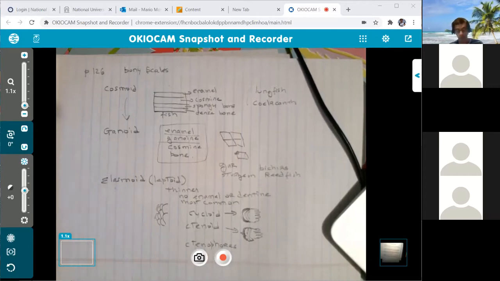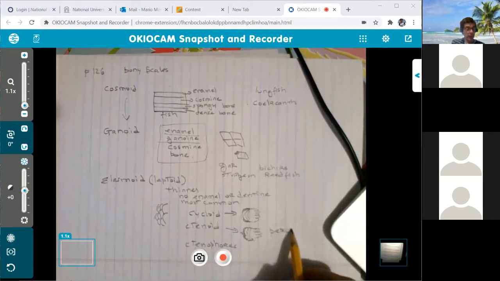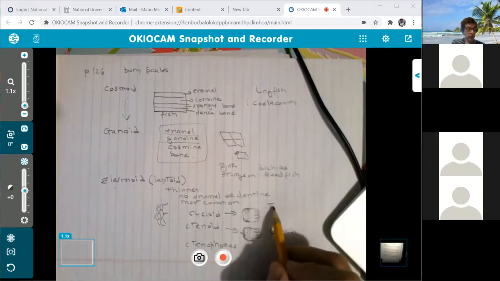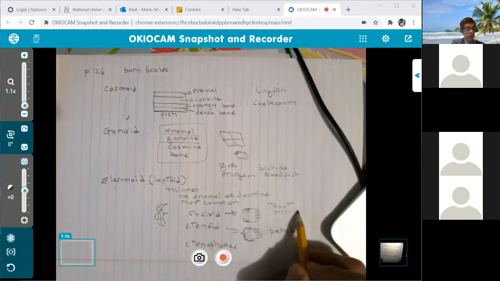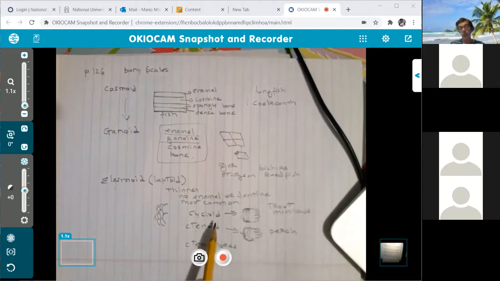Now, it doesn't mean that one fish will have only one type and not the other. Fish are complicated. Some will have only one type. For example, perch will have only ctenoid. Trout, minnows will have only cycloid.